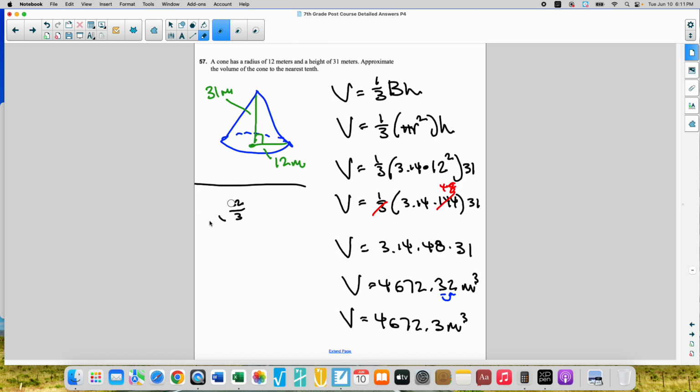Not sure where they rounded. I think I'm pretty good: 144 divided by 3 gives me 48, that was correct. Not sure where I made that slight mistake. They just got 0.7, I got 0.3.